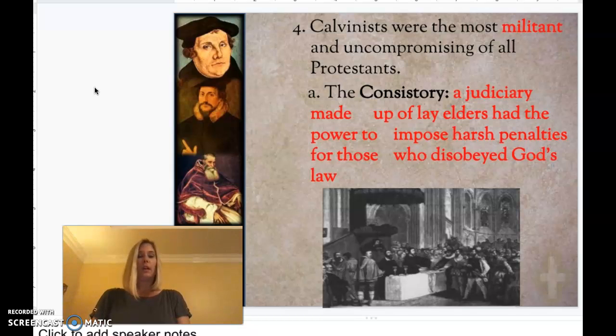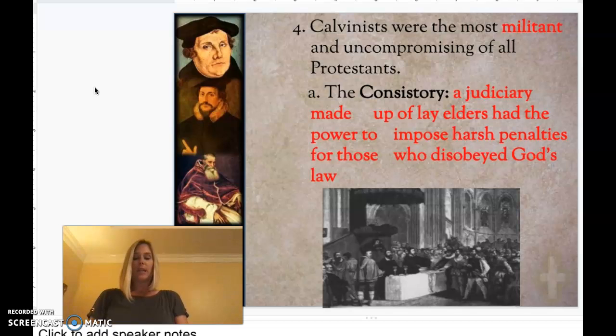This judiciary group had the power to impose harsh penalties for those who disobeyed God's law. Literally, y'all, they would walk the streets of Geneva looking for those who disobeyed God's laws and went against the teachings of John Calvin. To give you some examples, these types of activities were prohibited for people that lived in Geneva, the City of God.